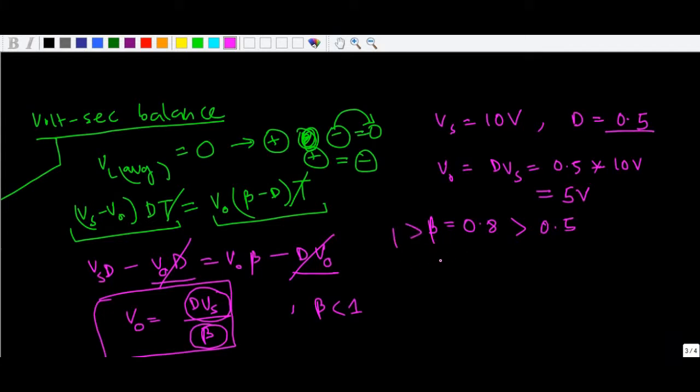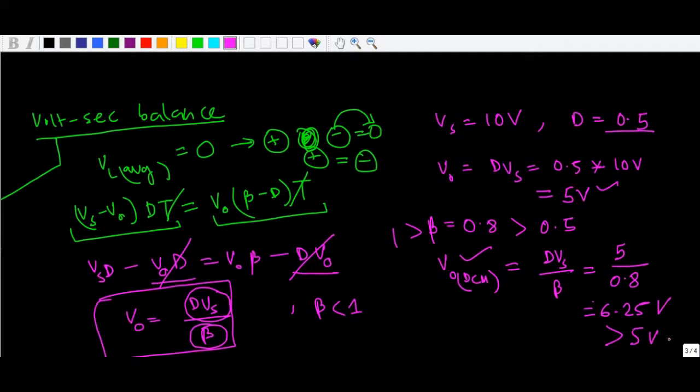So in this case, the output voltage we will get is D Vs upon beta. D Vs we have already calculated as 5 volt, that is the output voltage under continuous conduction mode, and beta is 0.8. So how much will we get? We will get 6.25 volt. So we can see that the output voltage under discontinuous conduction mode is more than the output voltage that we got under continuous conduction mode.